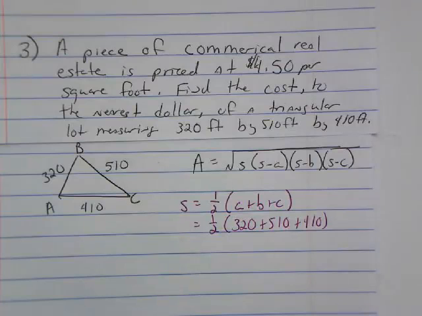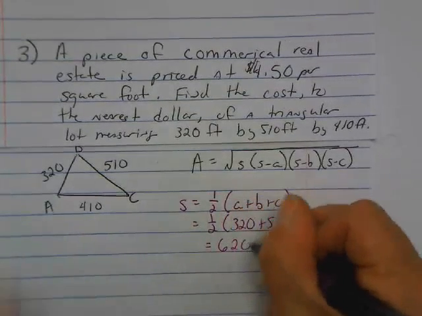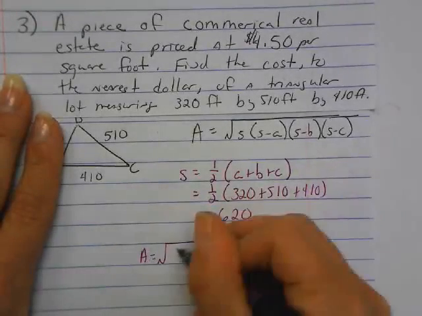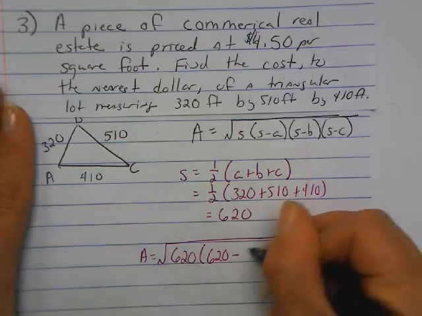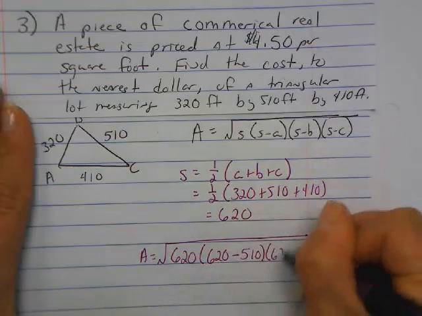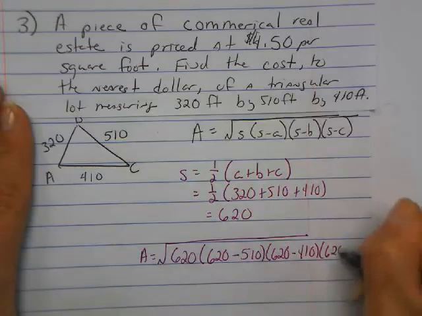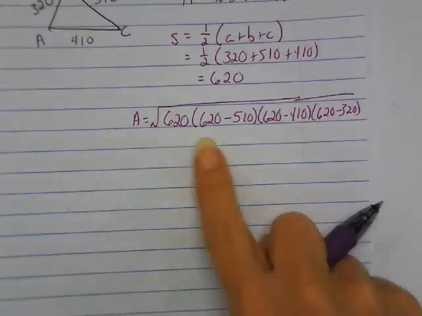Okay, so I do 320 plus 510 plus 410, take half of it, and we find out that S is 620. So now to find the area, I do 620 times 620 minus 510, 620 minus 410, and 620 minus 320. Alright, if you'd like, you can go ahead and type that whole thing into your calculator.